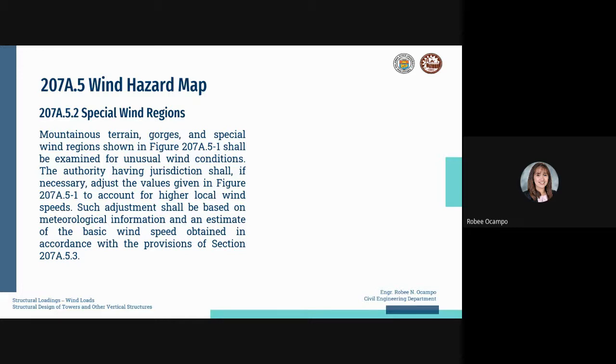As I said earlier, if the particular location experiences a higher wind speed than what is indicated in the map, that can be used, especially for special regions like mountainous terrain and special wind regions.